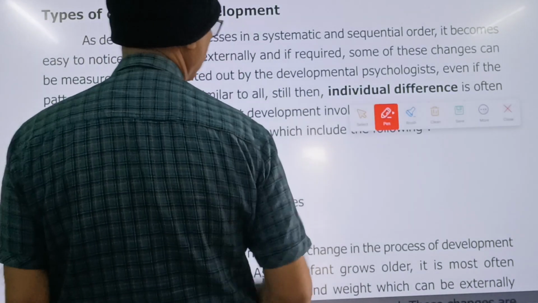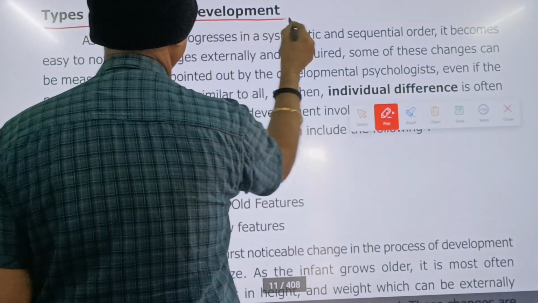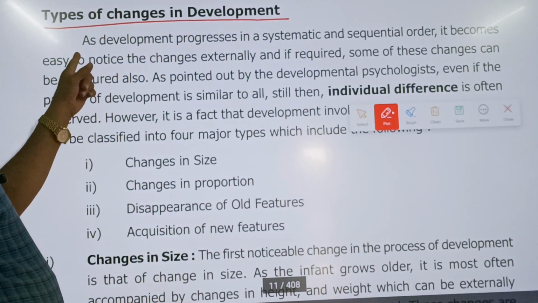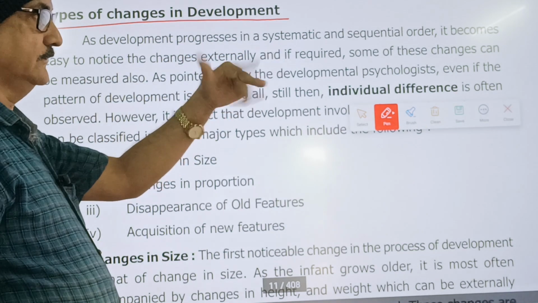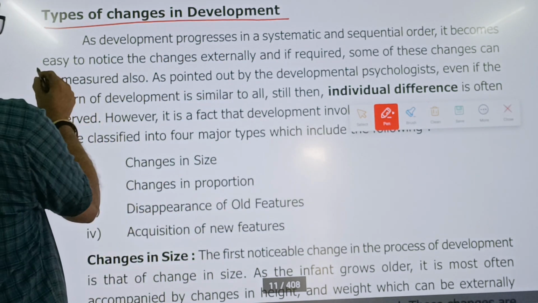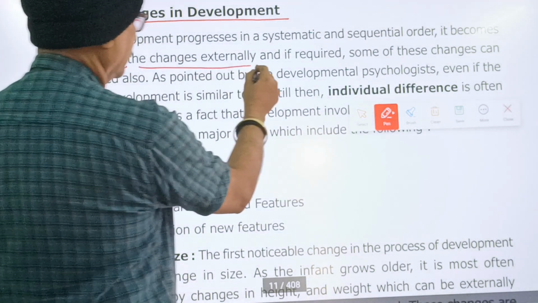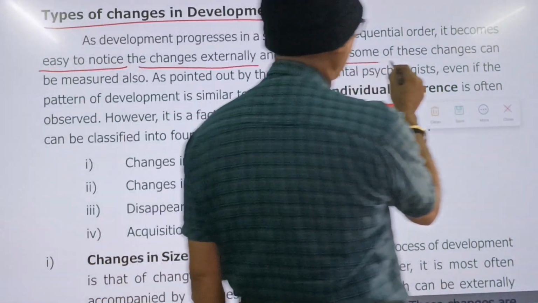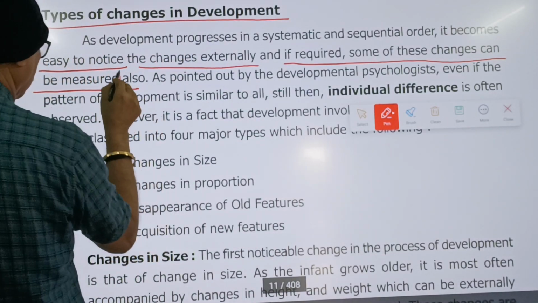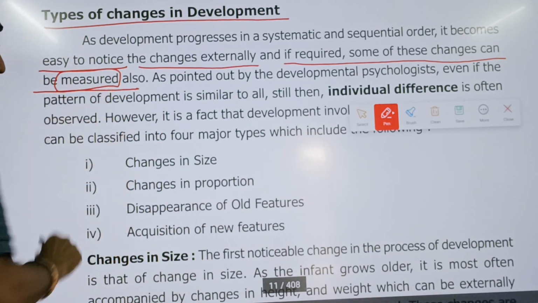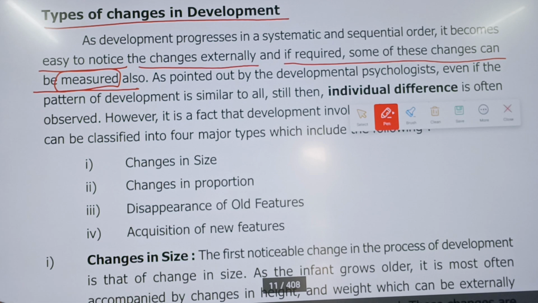Types of change in development. As development progresses in a systematic and sequential order, it becomes easy to notice change externally. If required, some of the changes can also be measured. However, there will be individual differences.